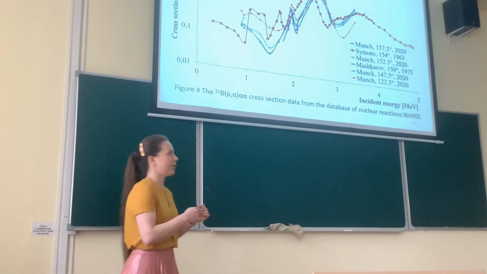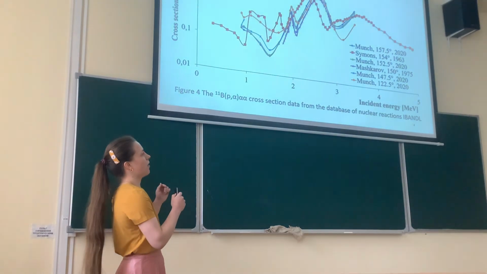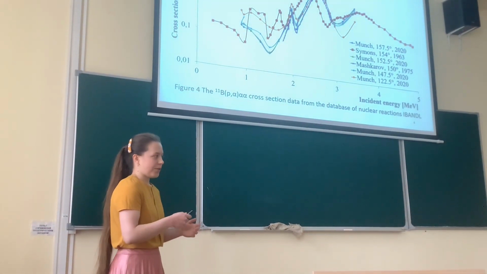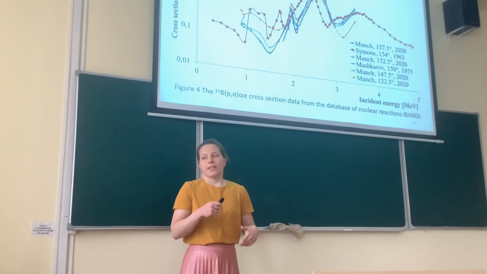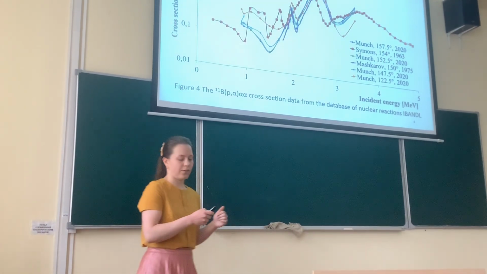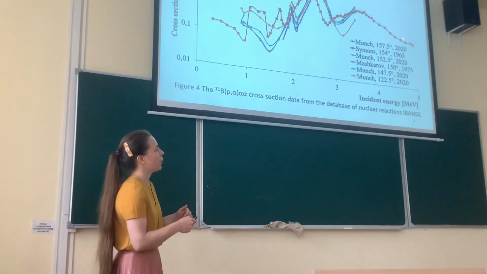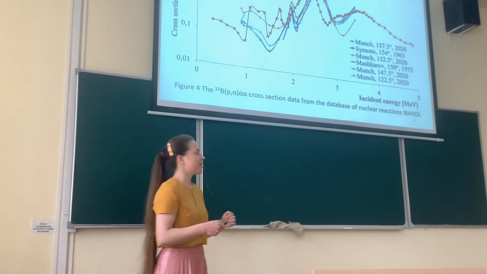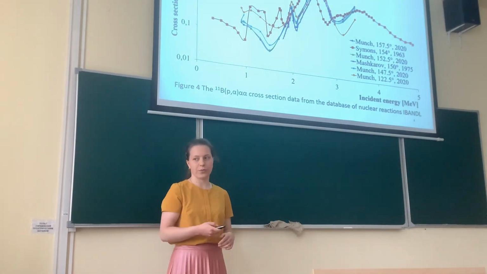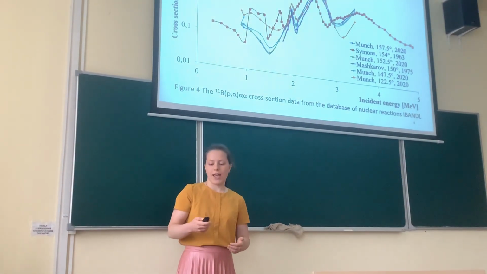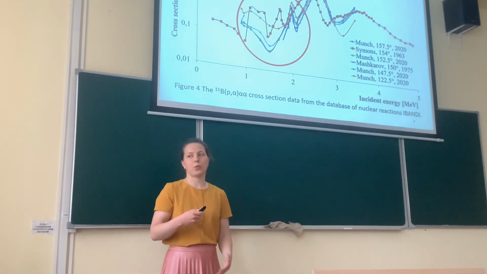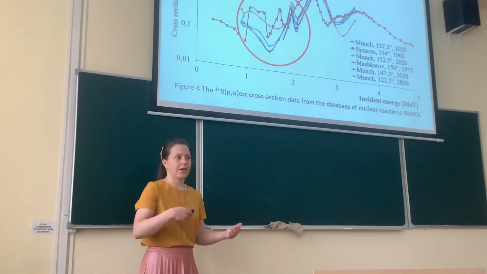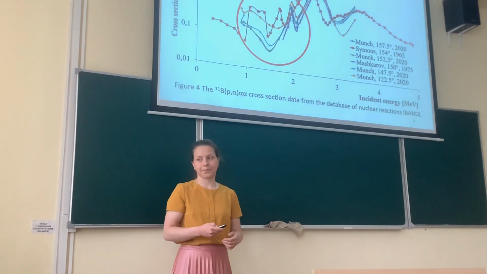That is how the cross section depends on the incident energy of the proton beam. The data were detected at angles close to 135 degrees, which is the focus of the present work. And pay attention to small energies up to 2 MeV, because they are the focus of the present work.